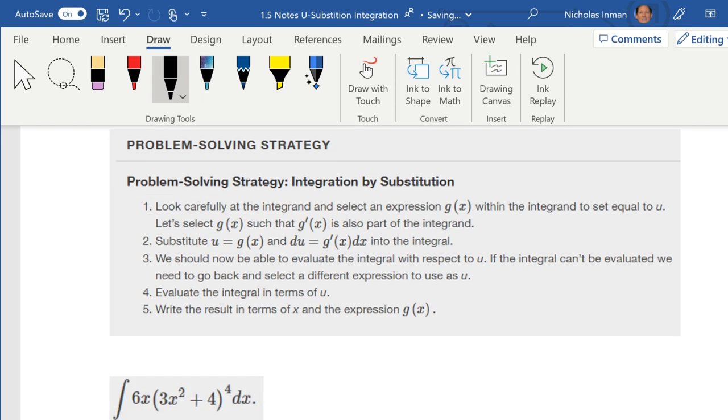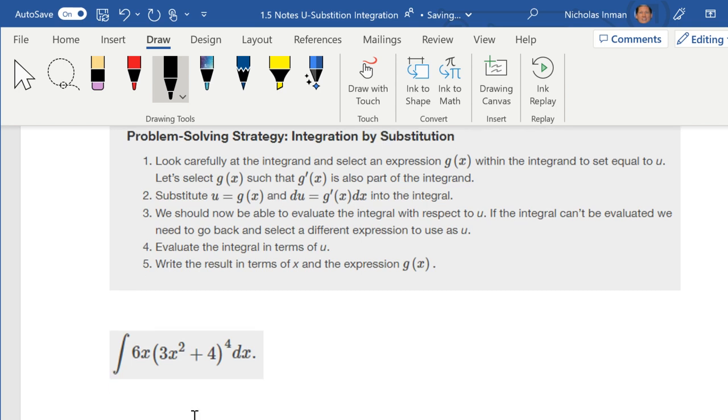So looking at this next problem. All right, I see a 6x on the outside, and I see all of this stuff inside of the fourth power. Now, in my mind, it's this stuff that is really going to cause some issues. Step one, truly to solve this thing, if you wanted to, you could raise this to the fourth power.